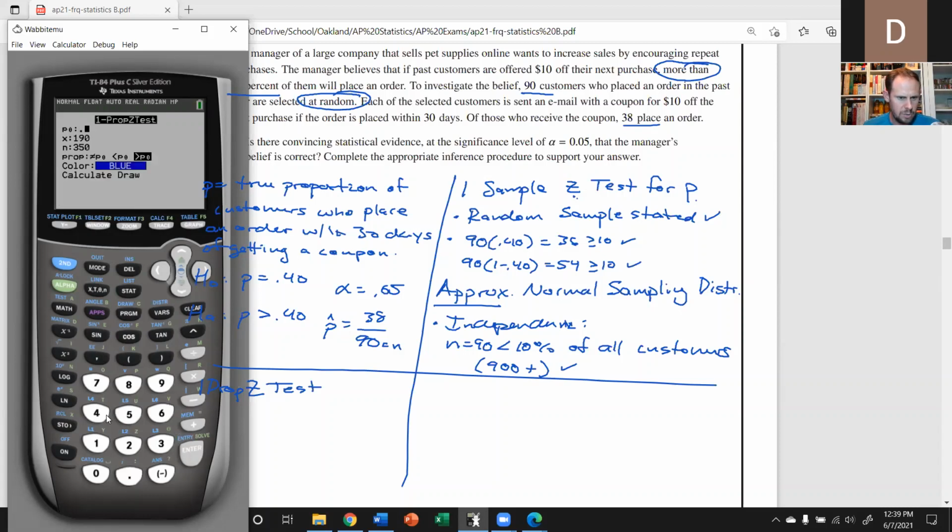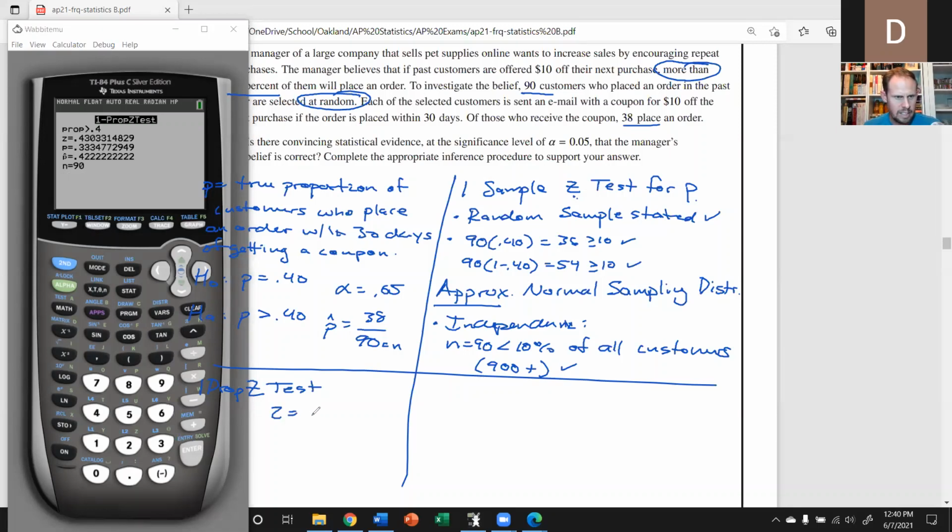Our P naught was 40%, so 0.40. We had 38 out of 90 people come back and use their coupon. We want to know, was it greater than? It's already set for greater than, cool. And calculate. Our Z is 0.43, our P value is 0.33. We've already got the p hat and n written up here.